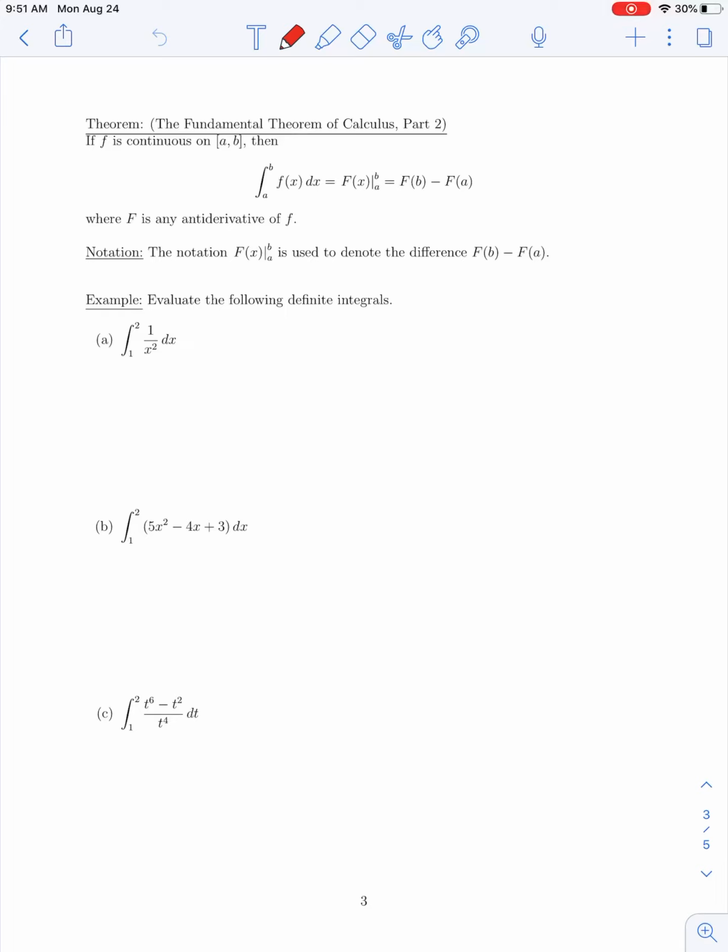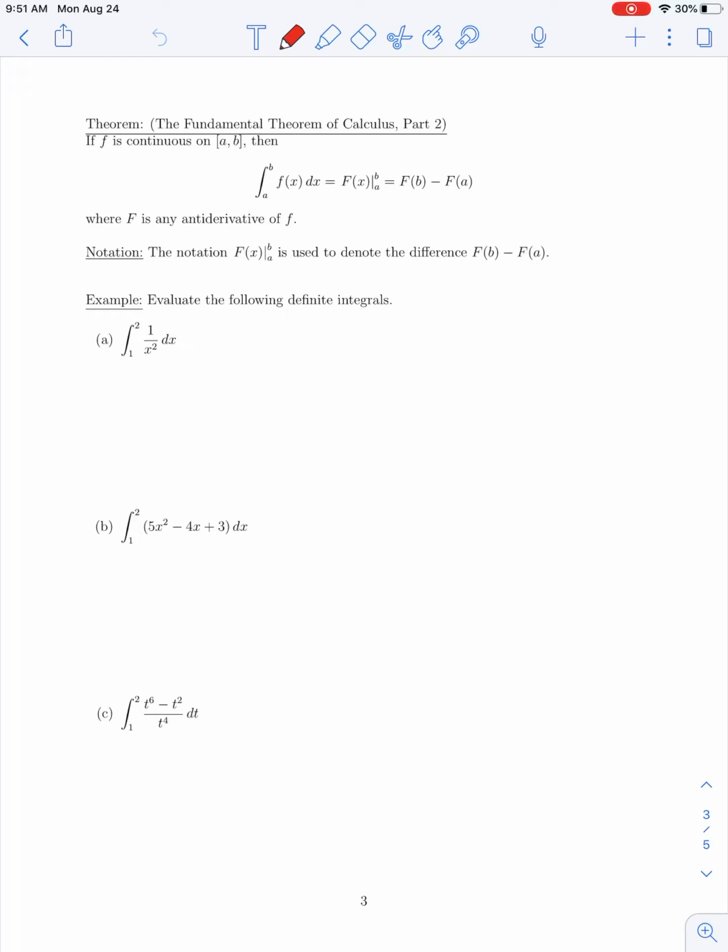So you might recall from your Calculus 1 course that when a definite integral is first introduced as representing the area under the graph of some function on an interval, it's defined in terms of the limit of a Riemann sum.